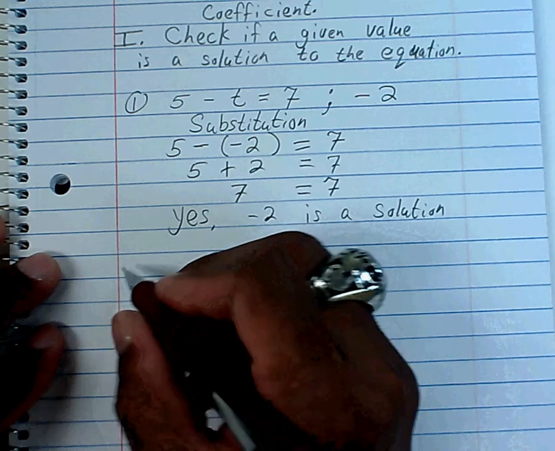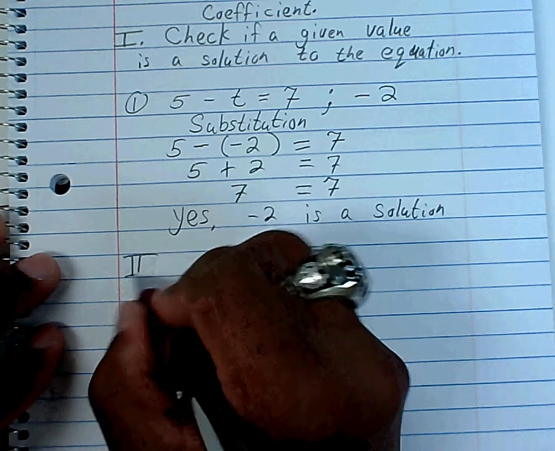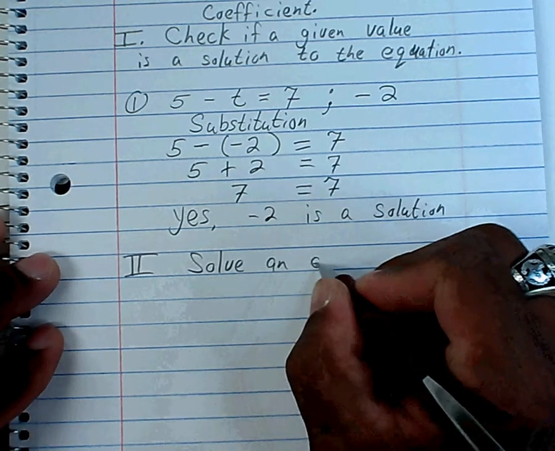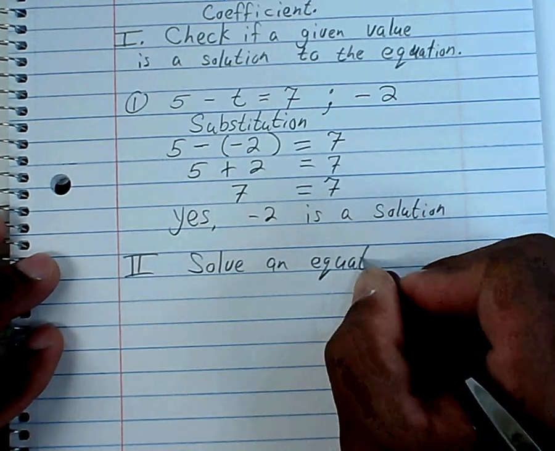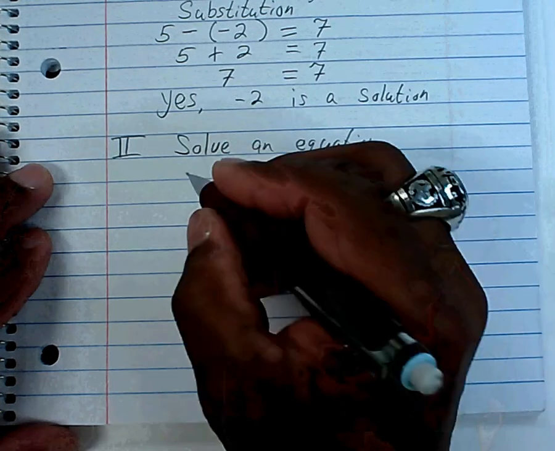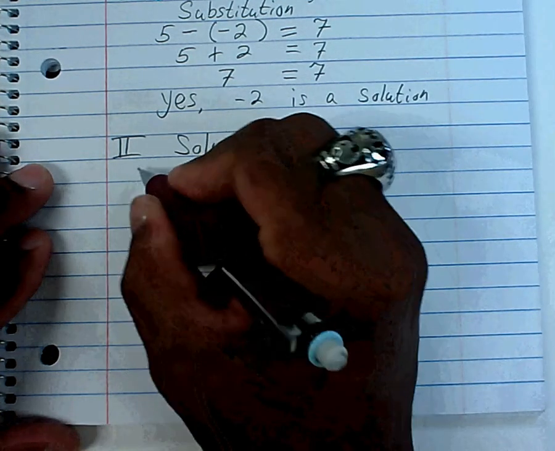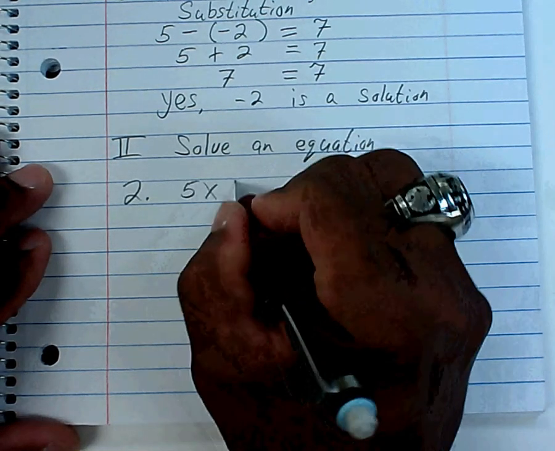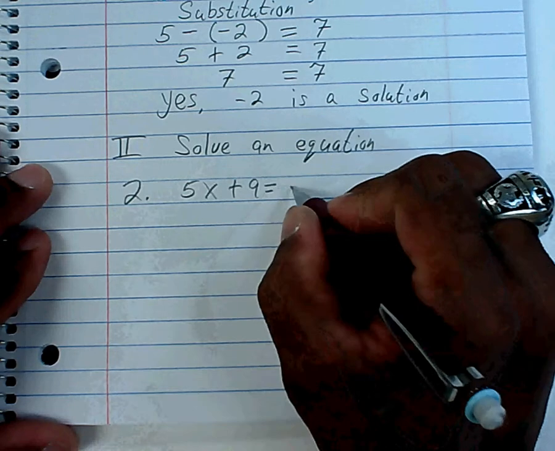The second type of thing I'm going to ask you to do is just to solve an equation. Number 2, we have 5x plus 9 equals 4.